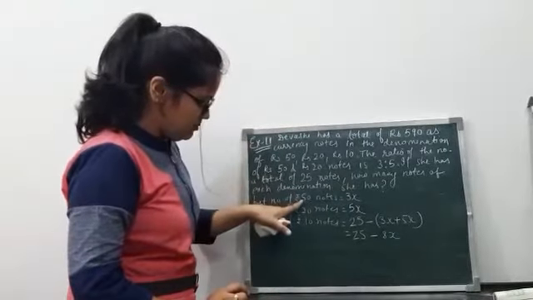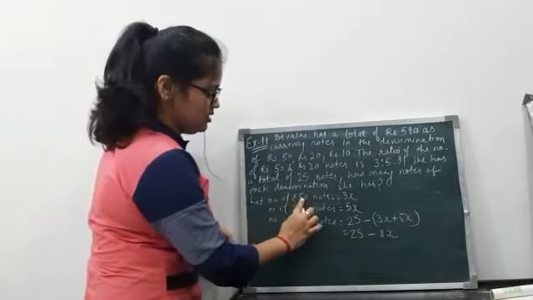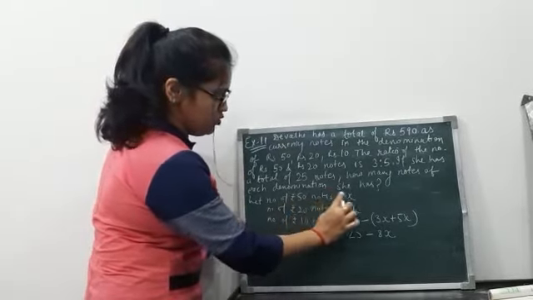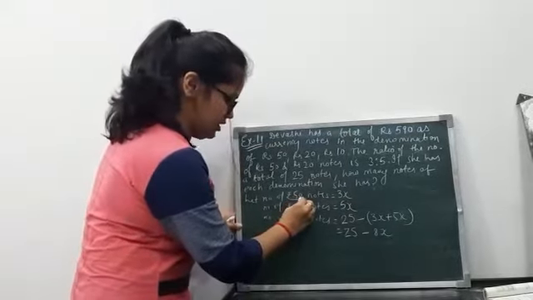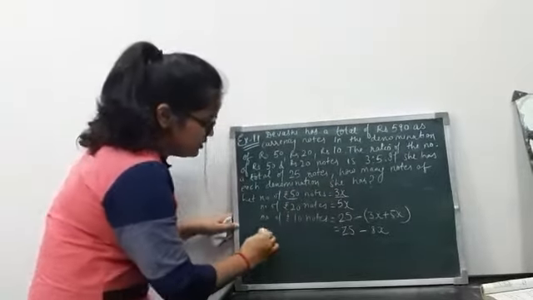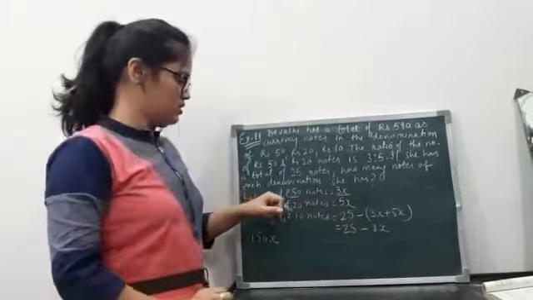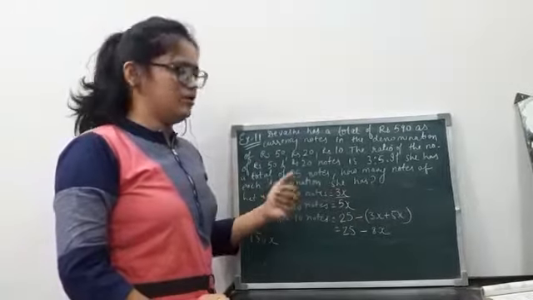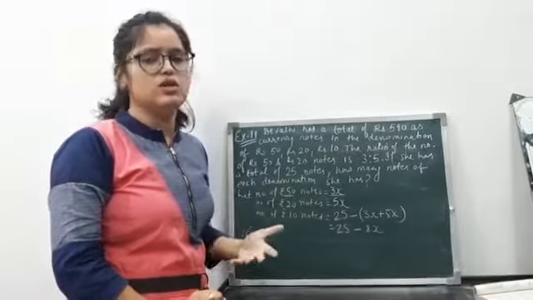See, the money that she has in 50 rupee notes: the 50 rupee notes are 3x, so the money will be 50 multiplied by 3x, which is 150x. It is just like if I have 3 notes of 50 rupees, what is the total amount I have?